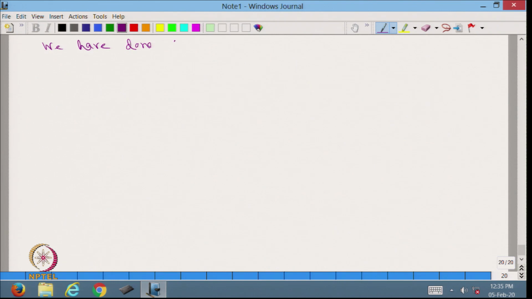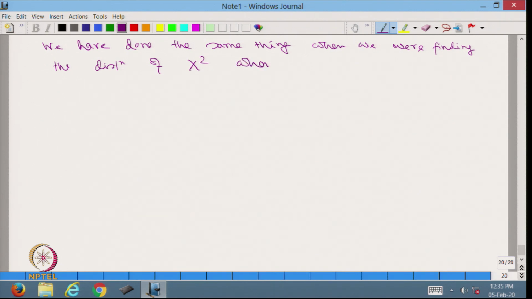If you remember, we have done the same thing when we were finding the distribution of X square when X is distributed as normal 0, 1.